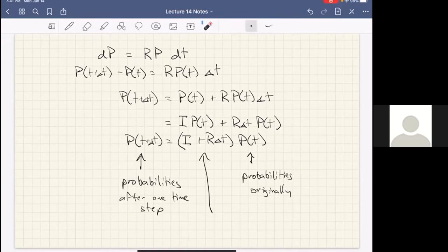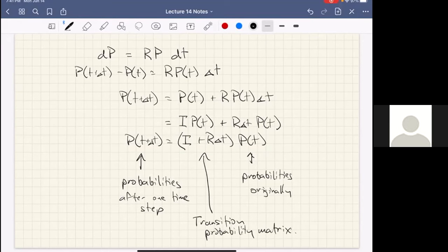If I have a vector of probabilities of being in each state, and I'm interested in what's the vector of those probabilities at the next time instant, I just multiply by this, which is the transition probability matrix. So that is very nice.